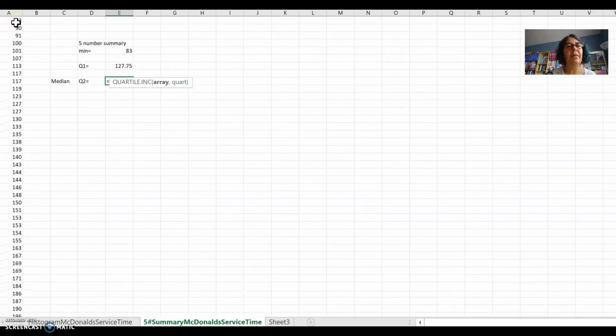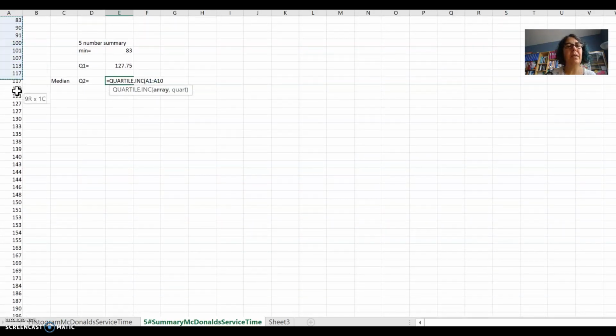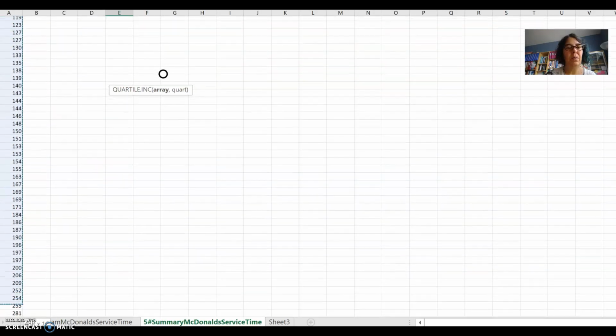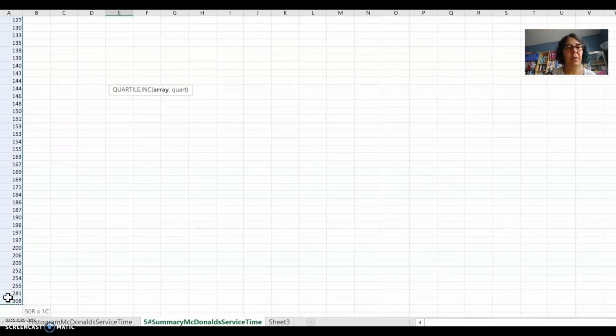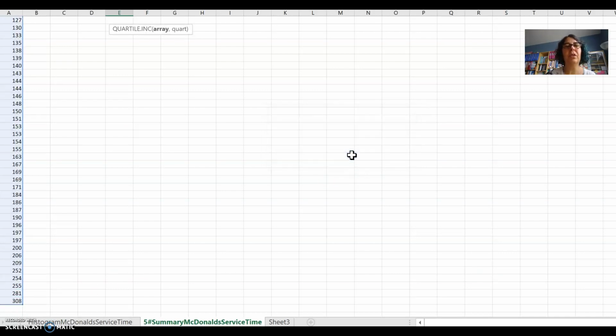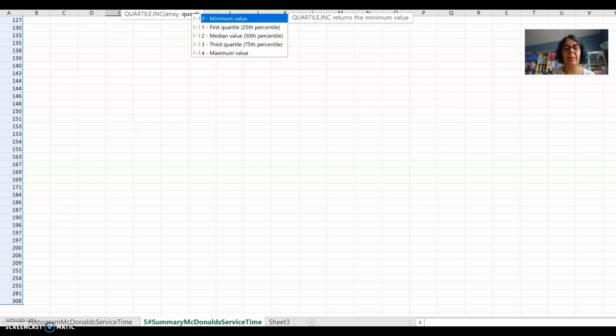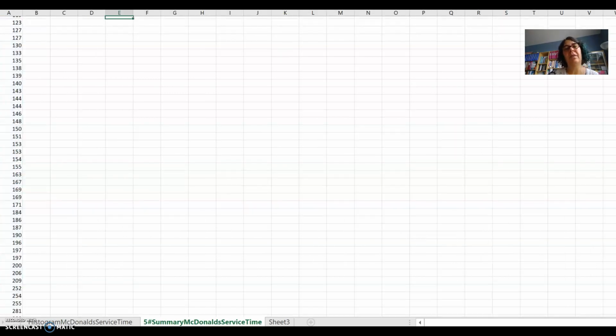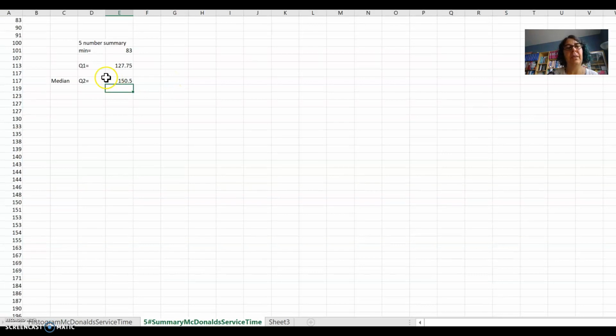Then get the data from the beginning, from 83 here. You enter the arguments for this function. Then go into the cell here, comma 2, and close parentheses. So it should be there.